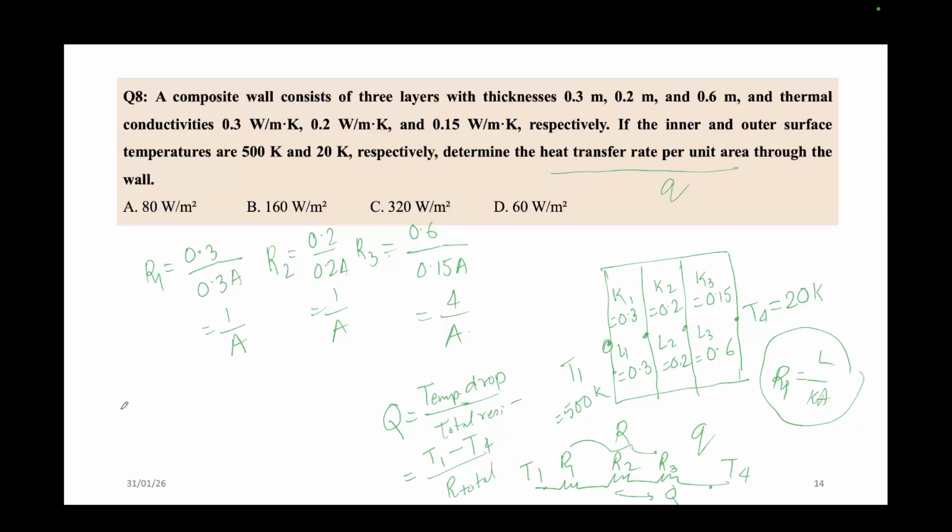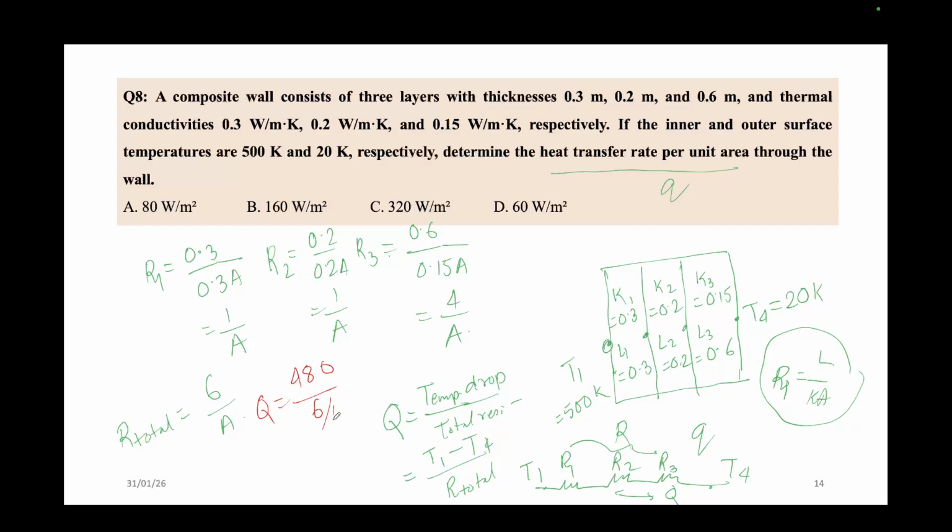So what is R total? 6 by A, right? T1 minus T4 is 500 minus 20, that is 480, divided by R total.